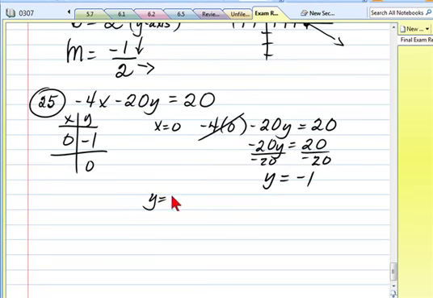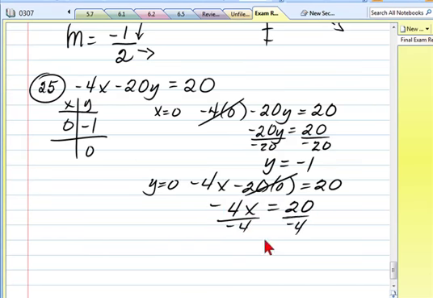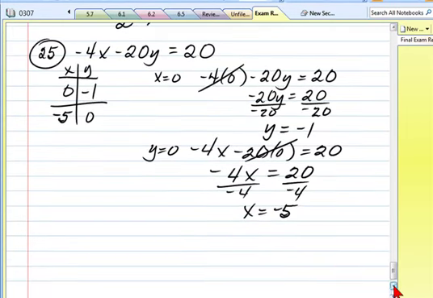When y is 0, I have negative 4x minus 20 times 0 is equal to 20. That term goes to 0, and I have negative 4x is equal to 20. Divide by negative 4, and x is equal to negative 5. That's the x-intercept. Any questions on the calculations?